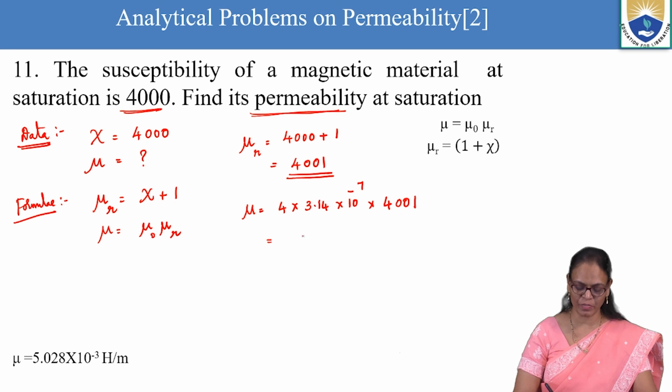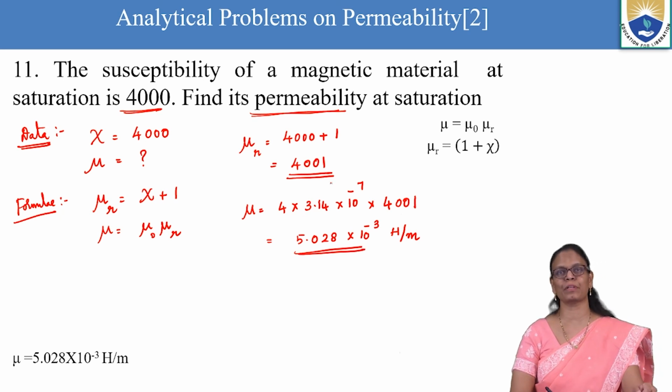So, simplifying we get 5.028 into 10 power minus 3 Henry per meter. So, this is the value of mu, that is permeability at saturation.